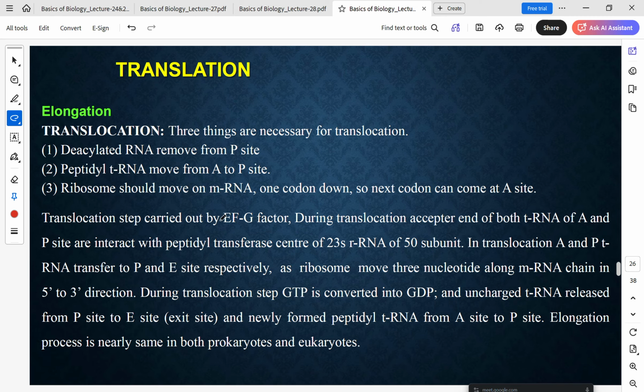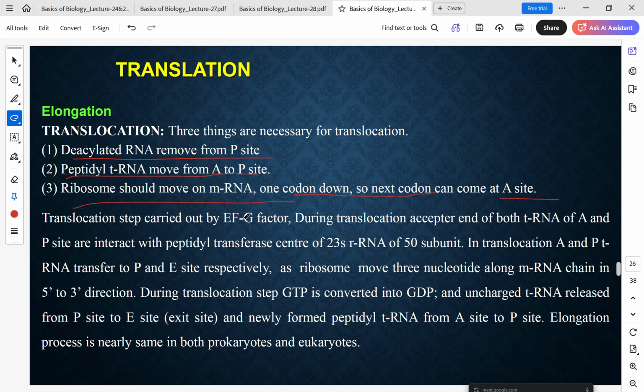The next step is translocation, in which 3 steps are necessary. The deacylated tRNA needs to be removed from the P site. The peptidyl tRNA needs to move from the A to the P site, and the ribosome should move on the mRNA one codon down, so the next codon can come at the A site.